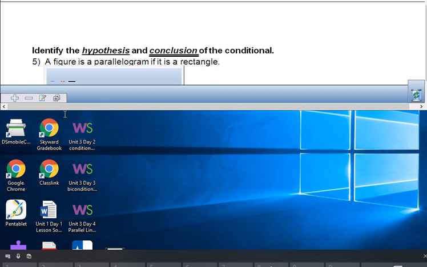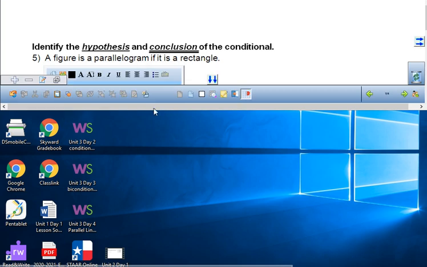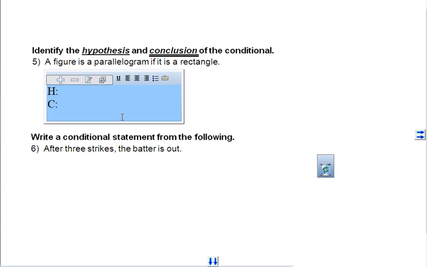So our hypothesis is it is a rectangle. And that means that everything else other than the word if is our conclusion. So a figure is a parallelogram.